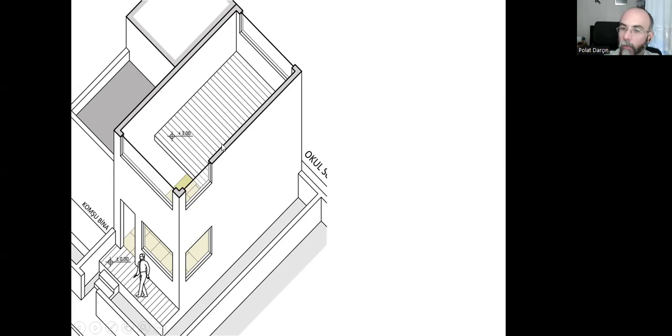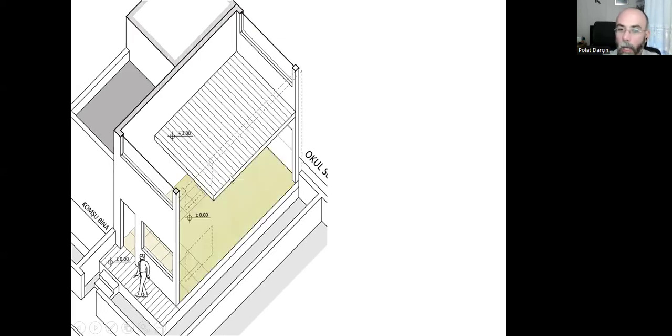So there is this void, a gallery space, so that the upper space can be integrated with the lower space, and the level is 3 meters. If this is 0, then it's +3. And this upper part will be used as an office.